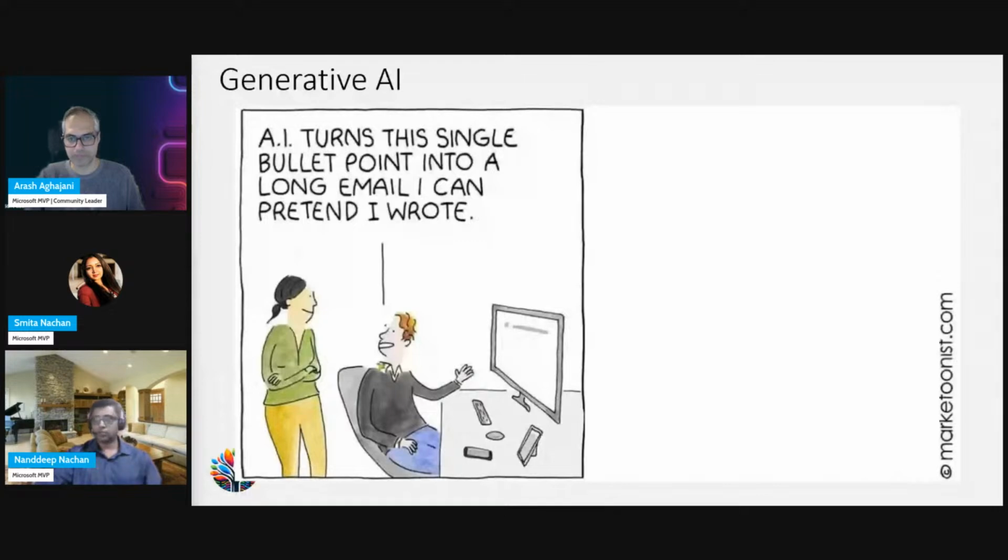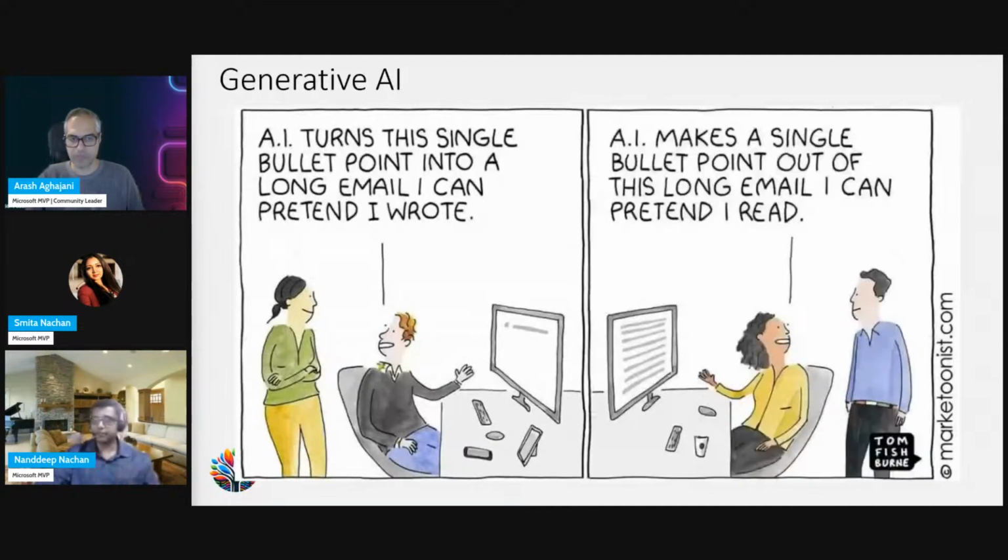Okay, so this is how generative AI is used. Probably not the best use case, but maybe just on a lighter note, this is how it is being used. But now the second part of this is the other person sitting on the receiving end. Even that person is smarter.